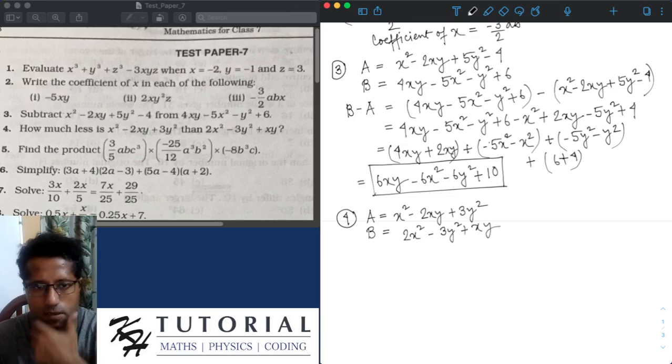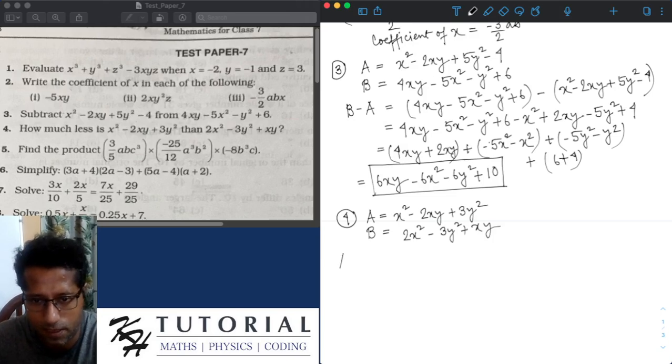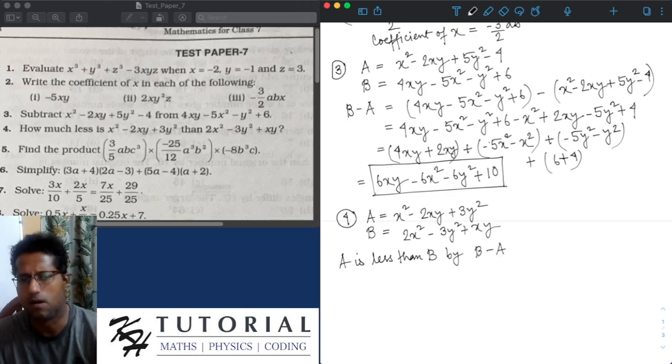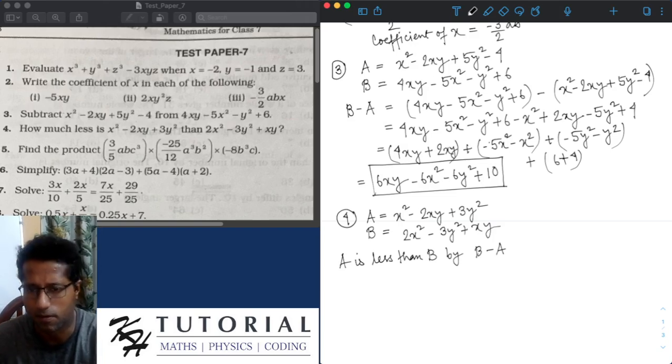So now it is asking how much less is A than B. So definitely it means A is smaller and B is larger. So we can say that A is less than B by B minus A. This is a very fundamental concept for any number.